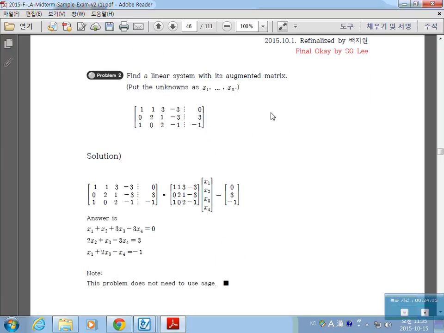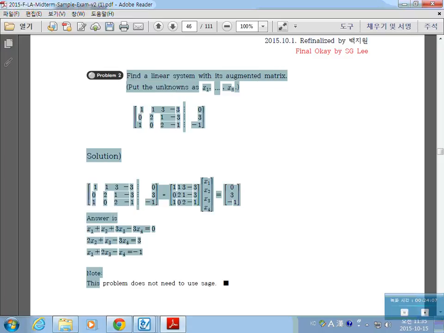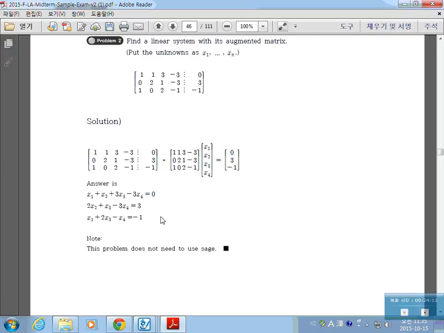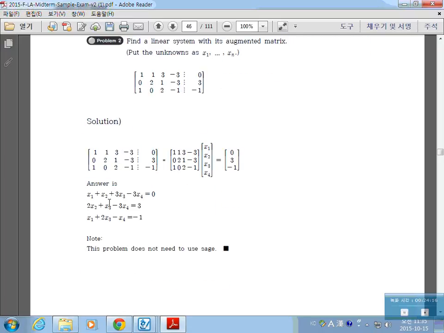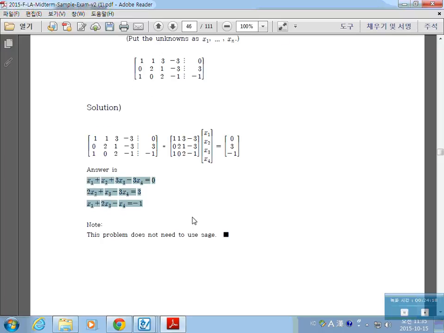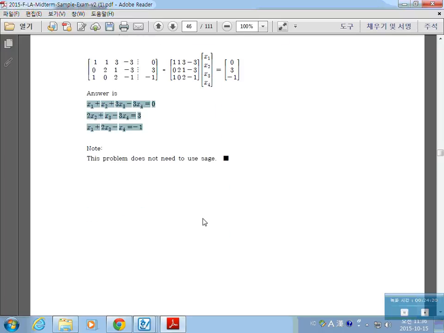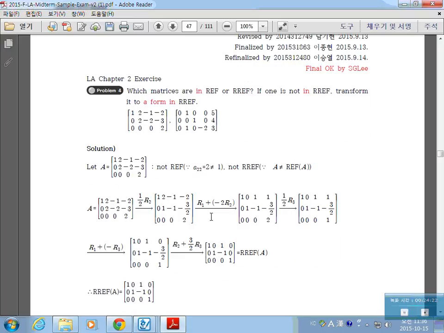And find the linear system of equations whose augmented matrix looks like this. Then from here you can find the non-homogeneous linear system of equations with 4 variables.